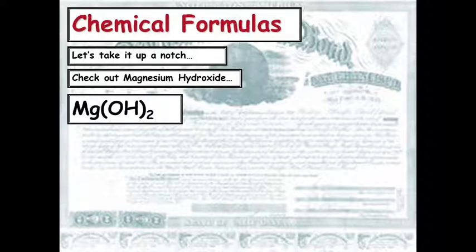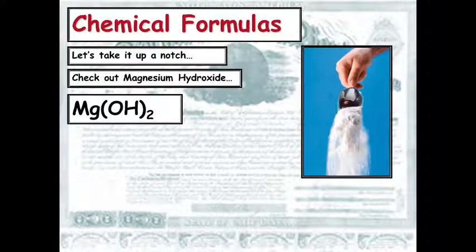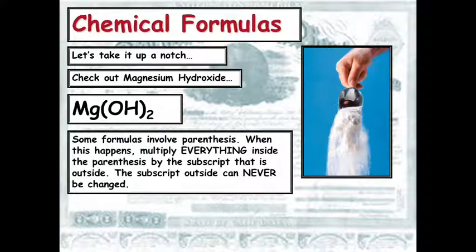Now, is magnesium inside the parentheses? No. So it does not get the distribution. Is the oxygen inside? Yes. Is the hydrogen inside? Yes. Okay. So the 2 is going to need to be distributed to both the oxygen and the hydrogen. Go ahead, you get about 10 seconds, work with your table, see if you can figure out the correct number of each type.